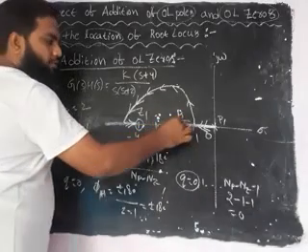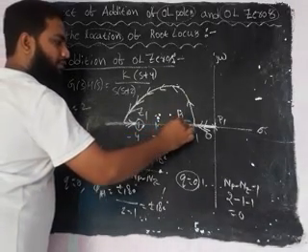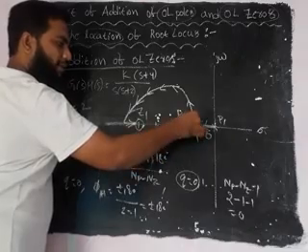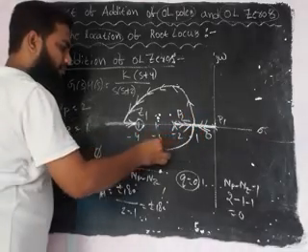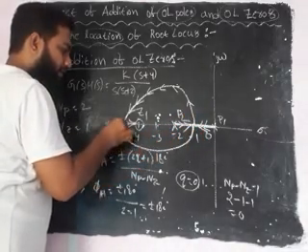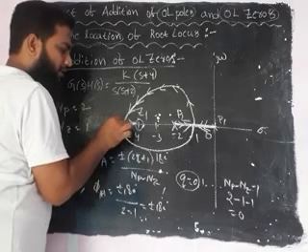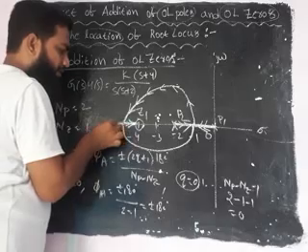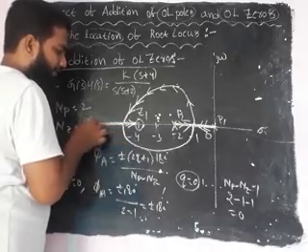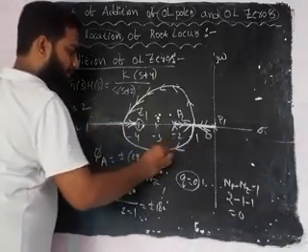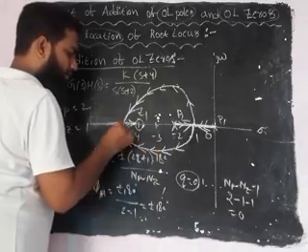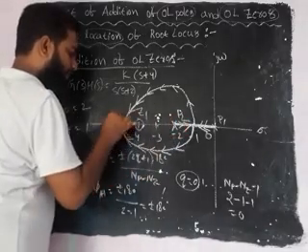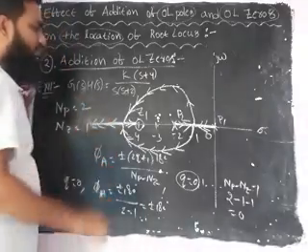Next, the root locus starts from pole P2 in this direction, and at the breakaway point it diverges like this. This is the second root locus branch, starting from pole P2 and reaching the zero at infinity.